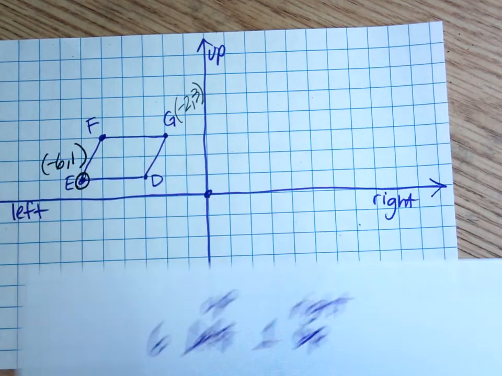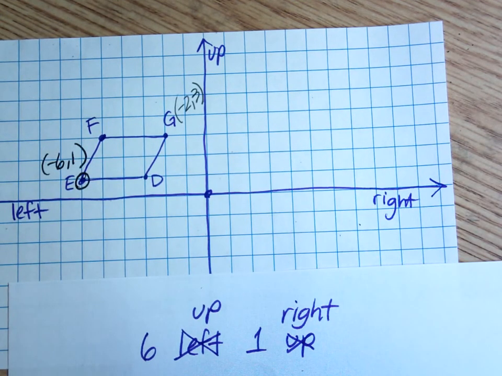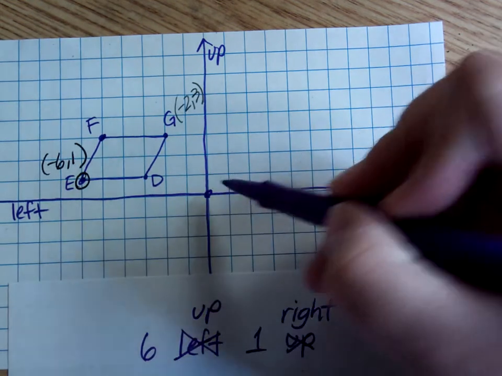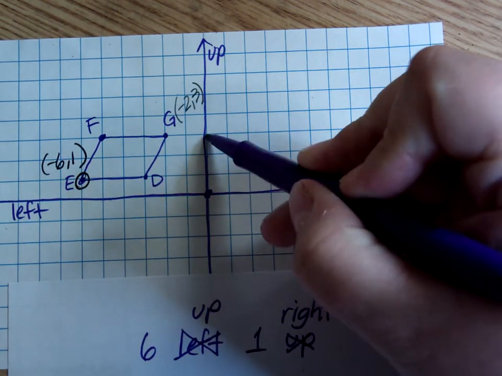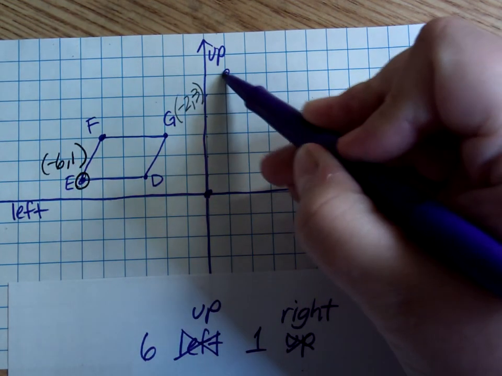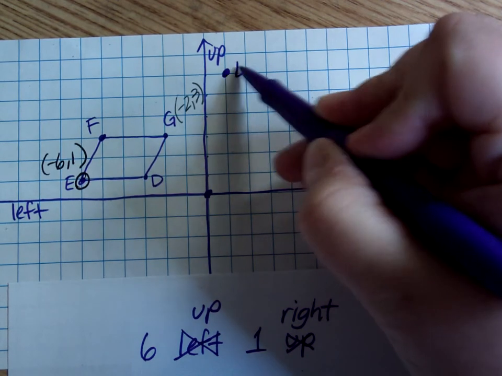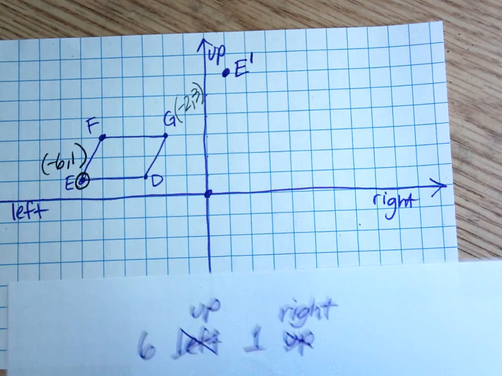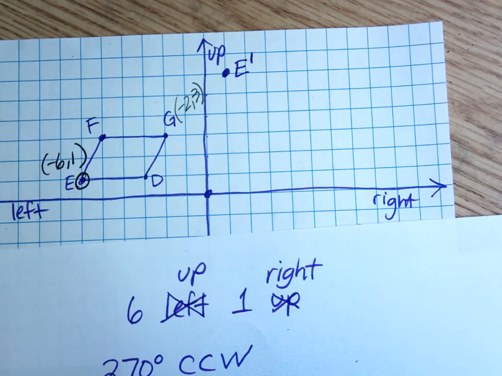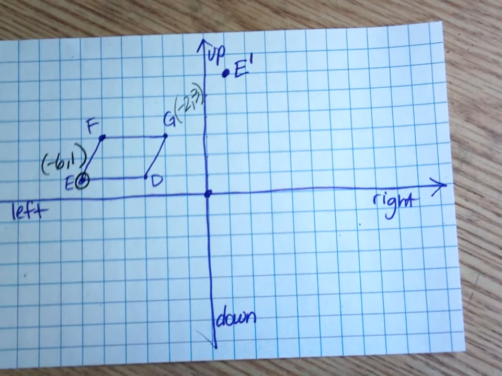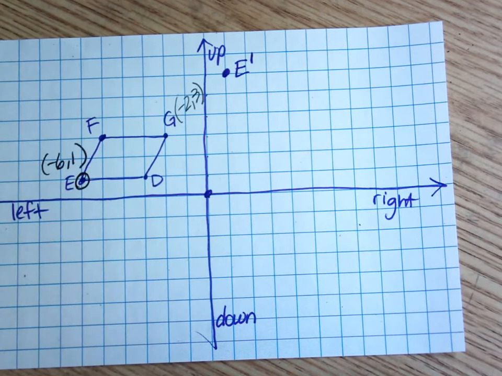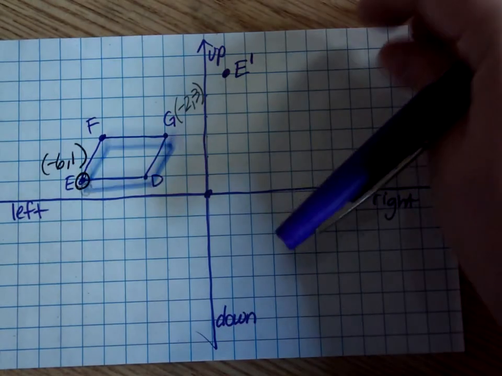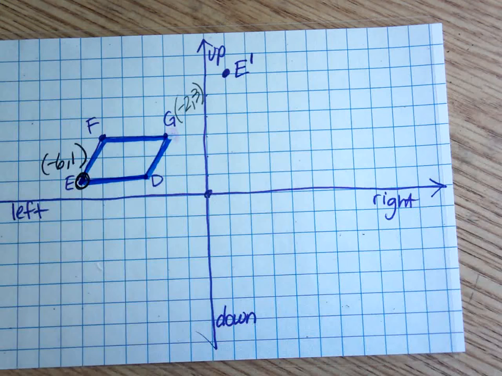So if I go 6 up and 1 to the right, that is going to tell me where E ends up. So 6, 1, 2, 3, 4, 5, 6, and 1 to the right. This is where E prime ends up after a 270-degree counterclockwise rotation. And again, we could use our little handy-dandy transparency spinner to check that if we want to.